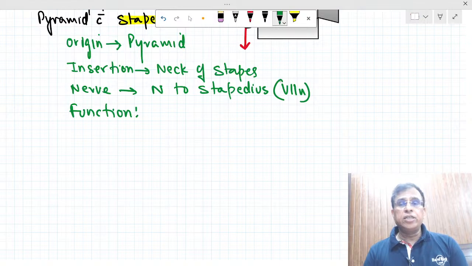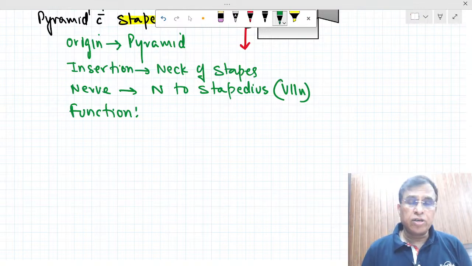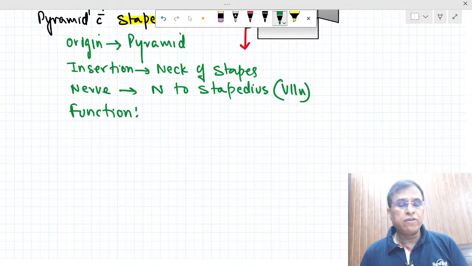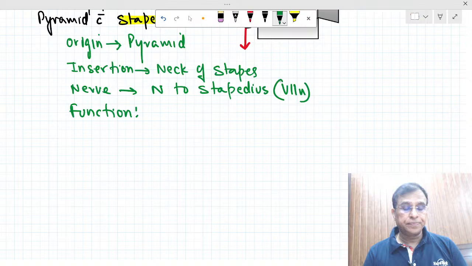Who are the takers? So only one person, Bharat, has written, and if you say acoustic reflex, Bharat, I will take that, but there's a better way of saying this thing. The same thing, you have to explain it better. What is a better answer? Who wants to say that?